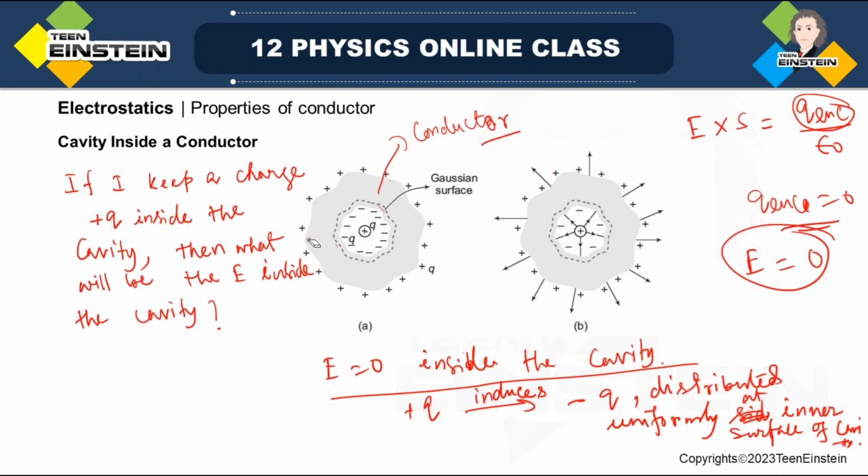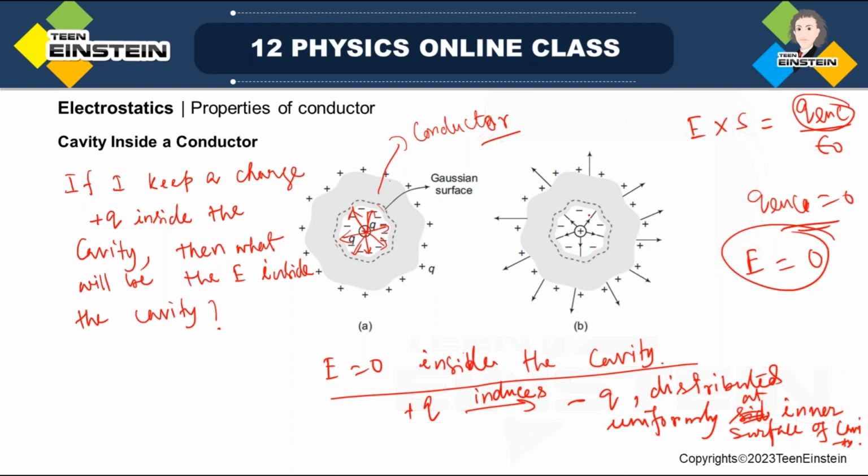Now we'll see here in figure B. Since positive and negative charges are there, there will be electric field lines like this, as you see. They will end inside the cavity itself. They will not penetrate the conductor to come out of the cavity.